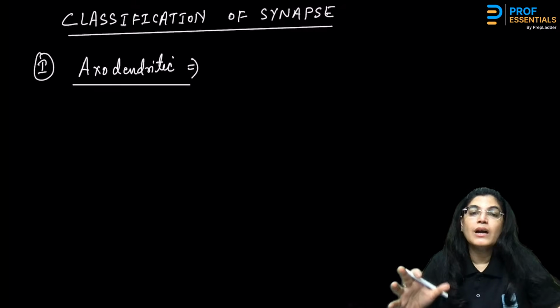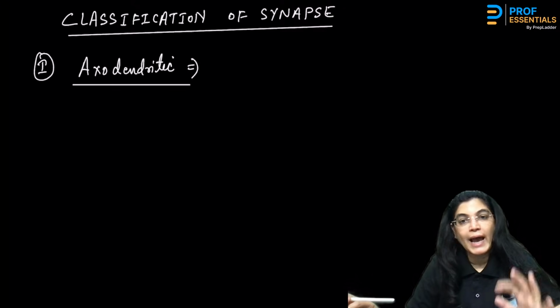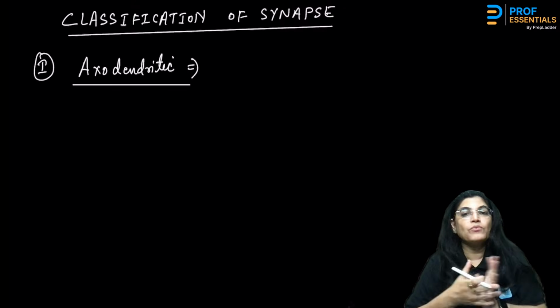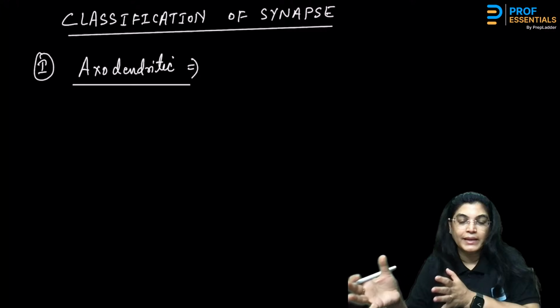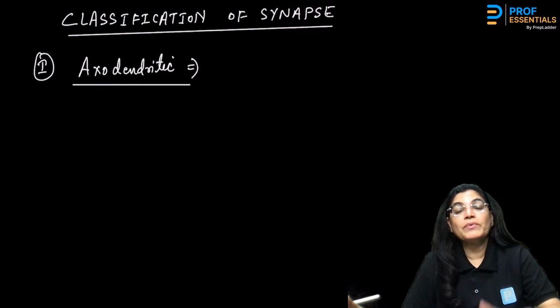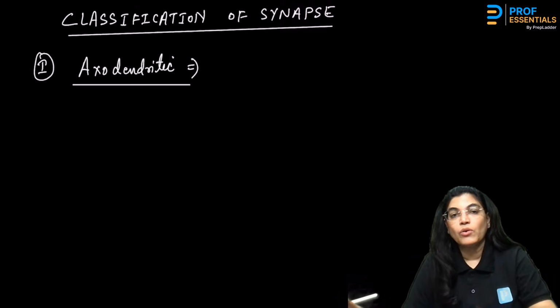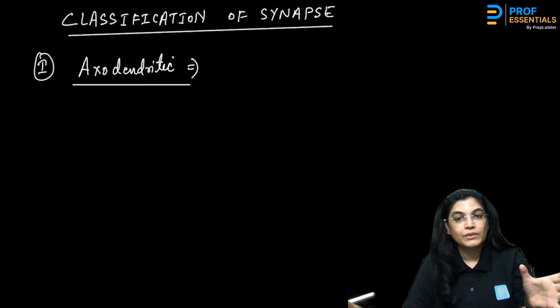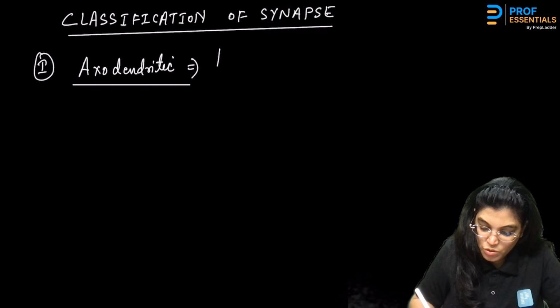So there is contact taking place between axon and dendrite. By the name only it is clear: exodendritic. So please write down, most common synapse.